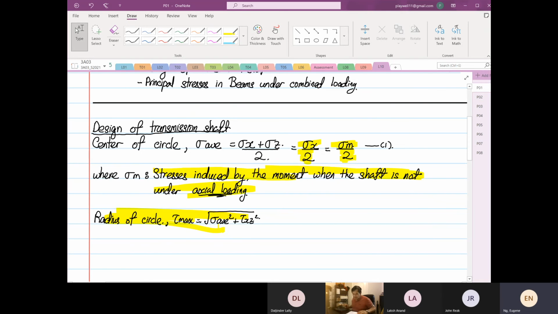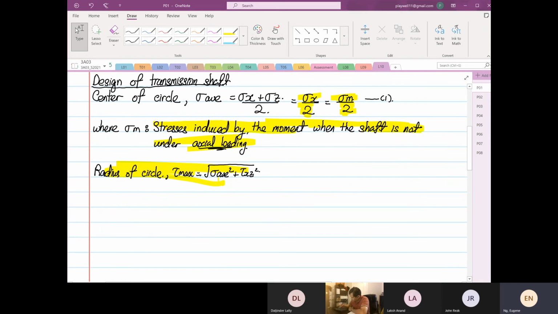Now the thing is how to obtain tau max, and how and why tau max is critical.